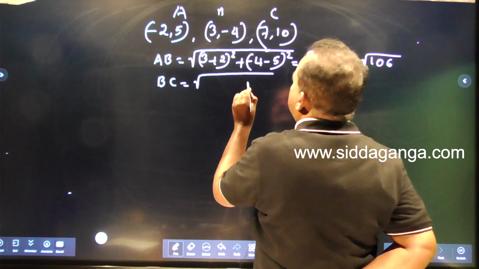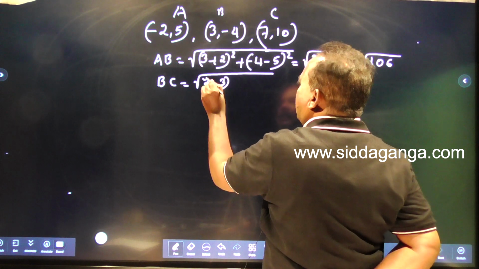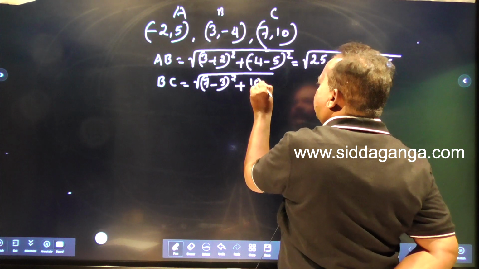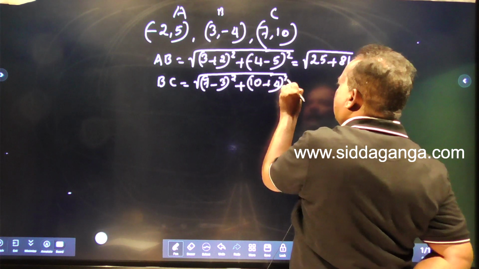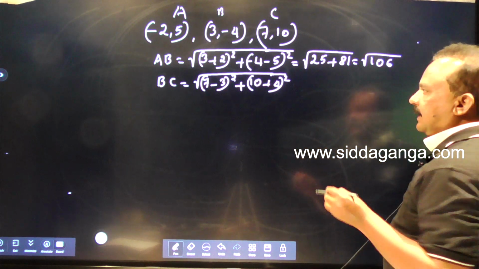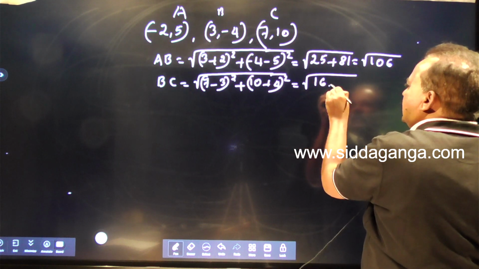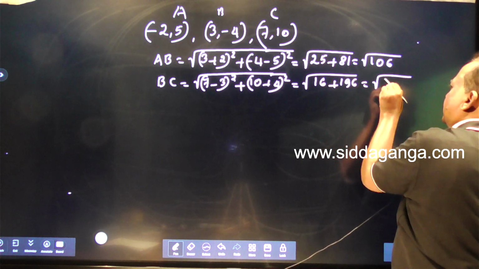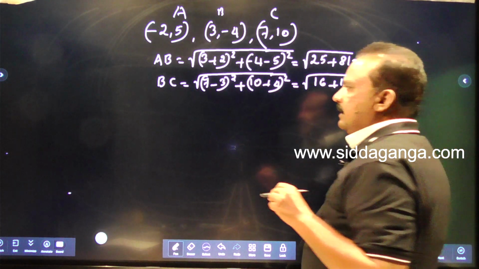What is BC? 7 minus 3 whole square plus 10 minus of minus 4 whole square. 7 minus 3 is 4, 4 square is 16, plus 196. That gives you root 212.